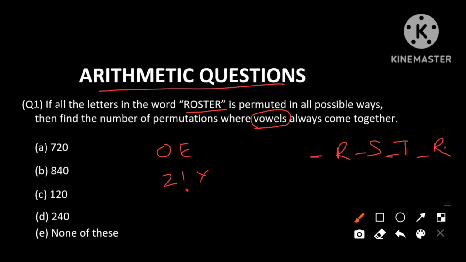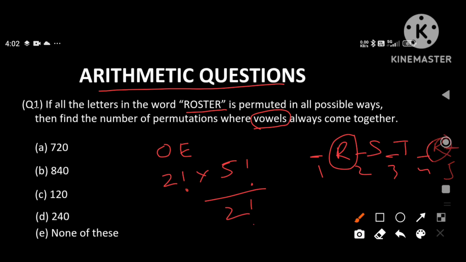These places: 1, 2, 3, 4 and 5. So 5 factorial ways, and we see R twice, so it is divided by 2 factorial. 2 factorial and 2 factorial cancel. 5 factorial value, which is 120. Option C is our answer.